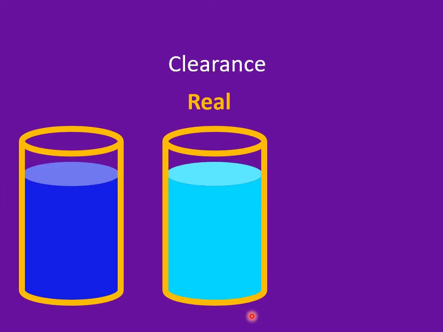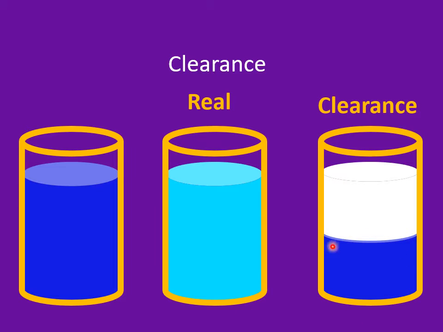But if we want to calculate the clearance of this solution, I will put in the bottom part of the container the solution in the original concentration, so we see the solution as blue. And above, we have the solution completely depleted of dye, so we see it white because it's empty. You see, it's not real, it's a virtual volume that we have calculated.